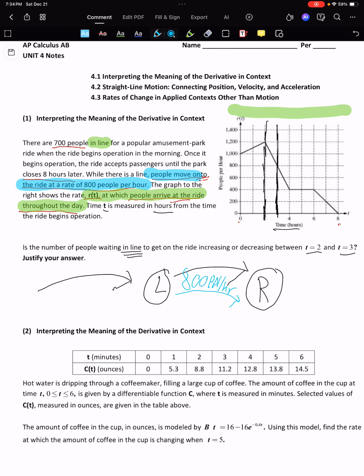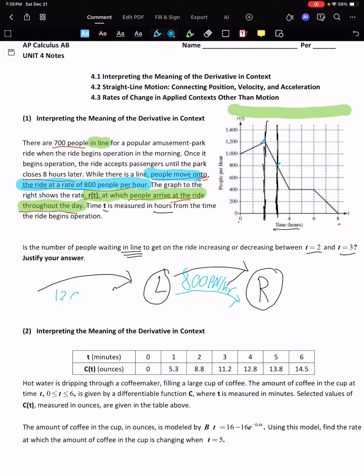Then the graph shows the rate at which people get in the line. Remember, people arrive at the ride. To arrive at the ride, you're basically arriving at the line. So times 2 and 3 tell us what that rate is. And that rate at which people arrive in the line ranges from 1200 to just above 800.